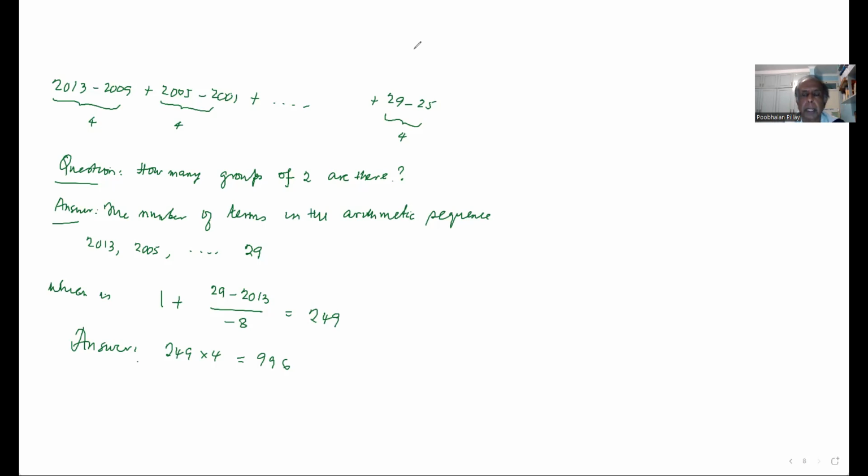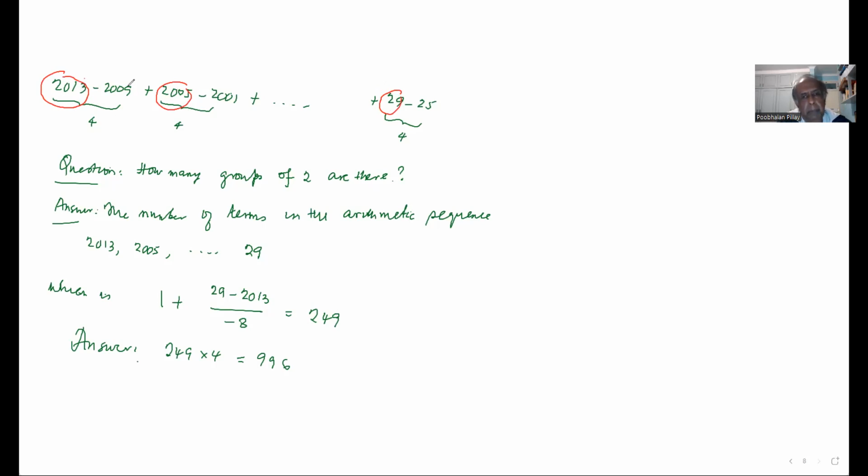To do that, look at the first of these. This gives you the first group. Suppose you count just these numbers, then you are actually counting the number of groups.